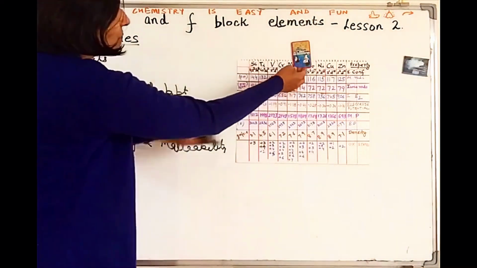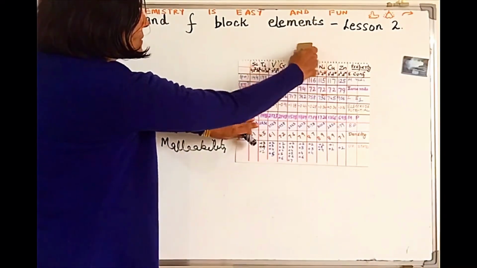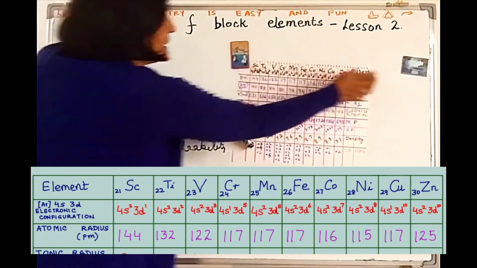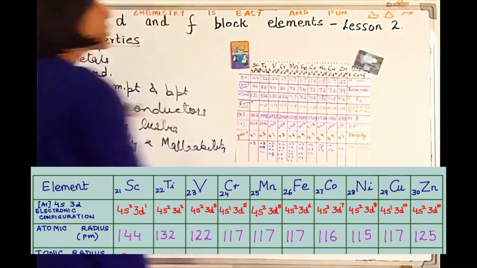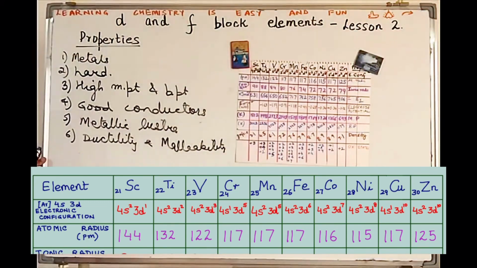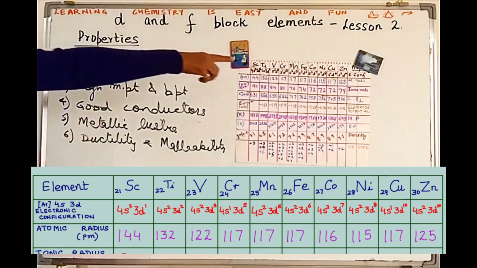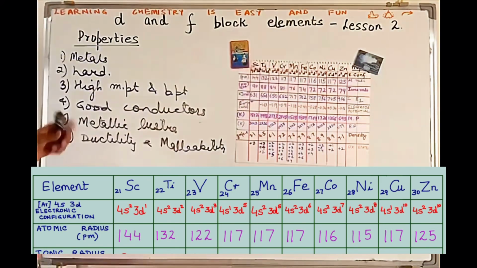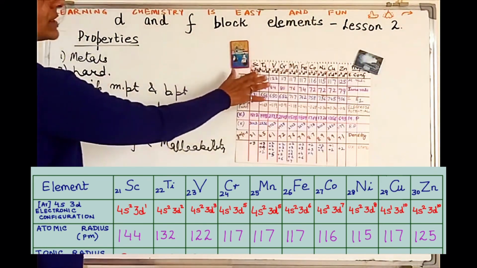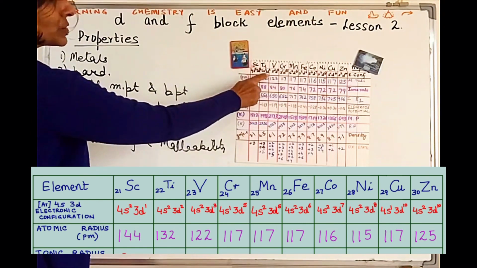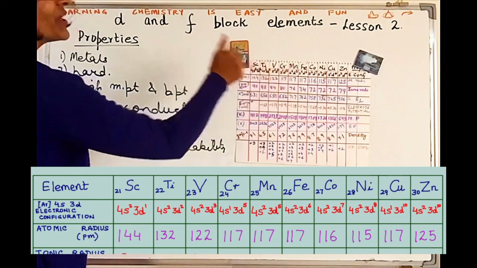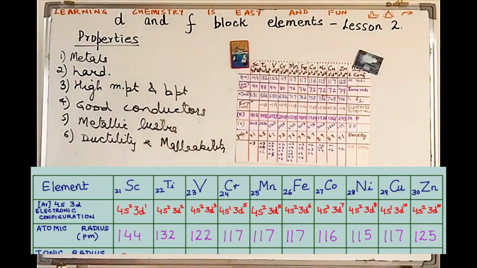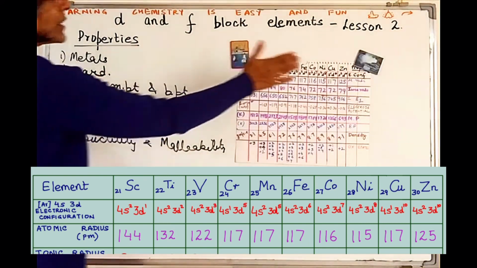We have the elements of the 3D series listed: scandium, titanium, vanadium, chromium, manganese, iron, cobalt, nickel, copper, zinc. Configuration: 4s2 3d1, 4s2 3d2, d3, d4. Is it d4? No, it is s1 d5. Again, we've already done this. Go on to atomic radii.